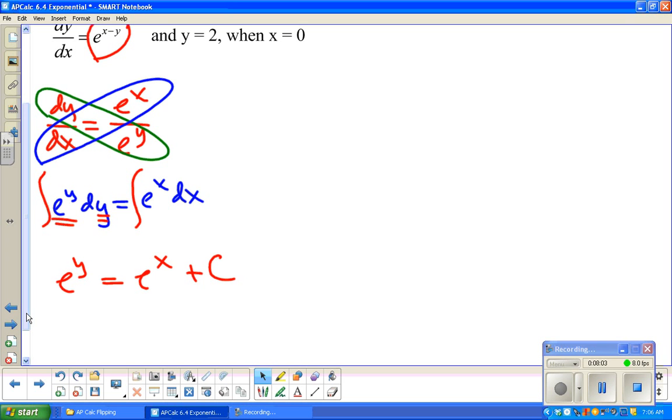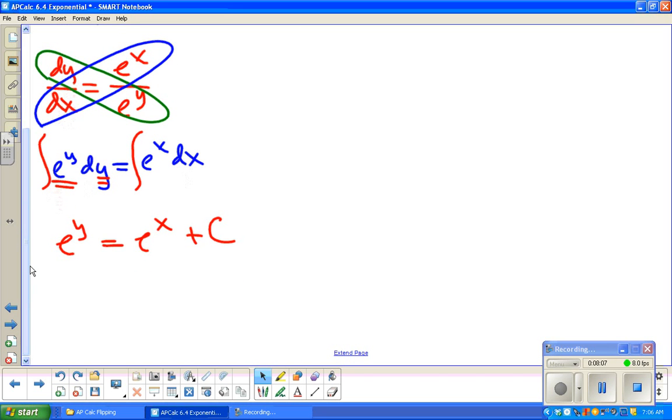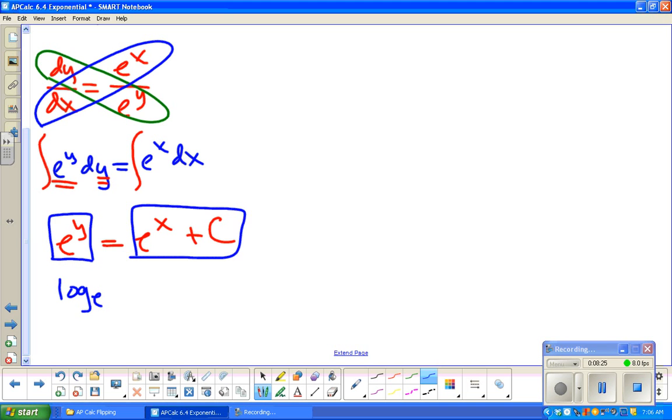Okay, now this doesn't say y equals yet, which is kind of annoying. So the question is, how can we make this say y equals? Since I want the y by itself, how about I rewrite this in log form? So I'm going to write log base e of all of this equals y, equals the exponent.